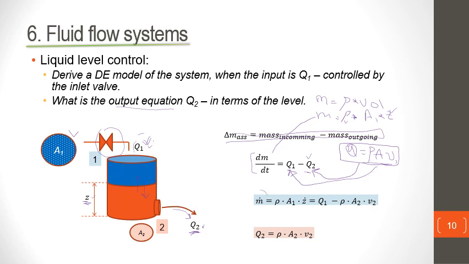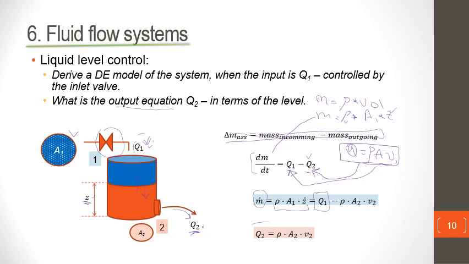Therefore, dM/dt will simply be equal to rho times A1 times dz/dt, the derivative of the height with respect to time. And that should be equal to Q1, which is our control input, minus Q2.